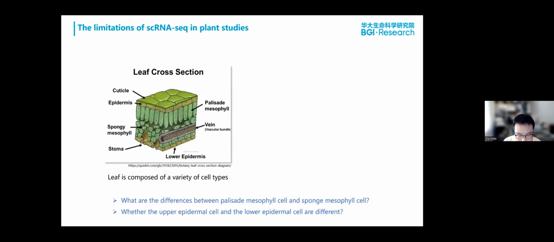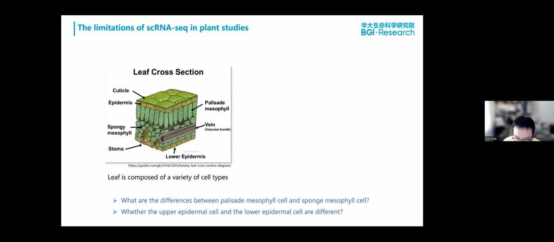As for the leaf, the main place for photosynthesis in plants, it's mainly composed of epidermis, mesophyll, and vasculature cells. Up to now, several single-cell studies have been carried out on leaves. However, due to the limitations of scRNA-seq, the transcriptomic characteristics of leaf cell subtypes could not be identified so far.